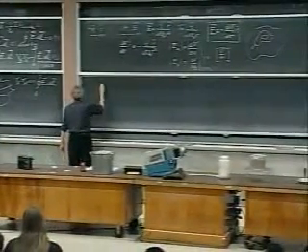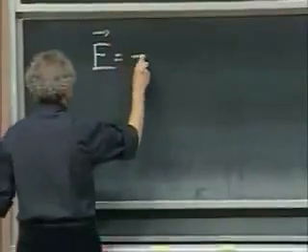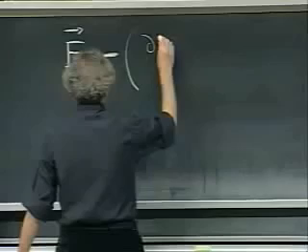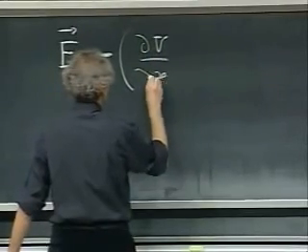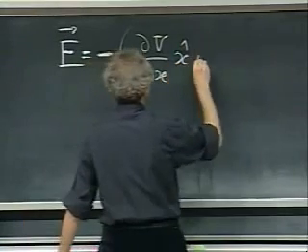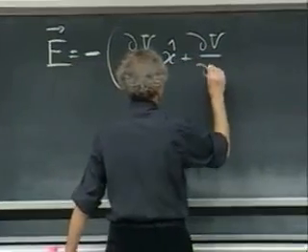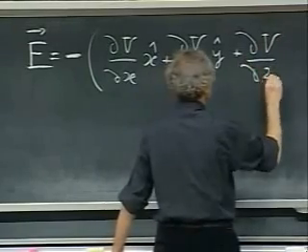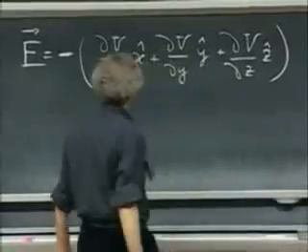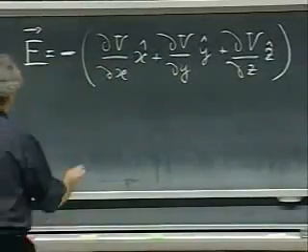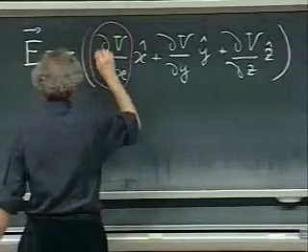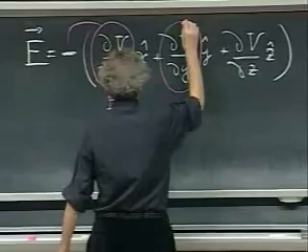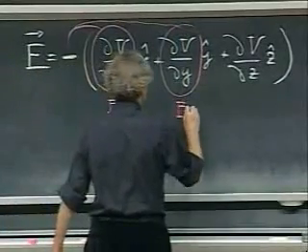And so in Cartesian coordinates, we now get E equals minus, that minus sign we discussed at length, dV/dx times x roof plus dV/dy times y roof plus dV/dz times z roof. And this first term, including of course the minus sign, that is E of x. And this term, including the minus sign, that is E of y, and so on.